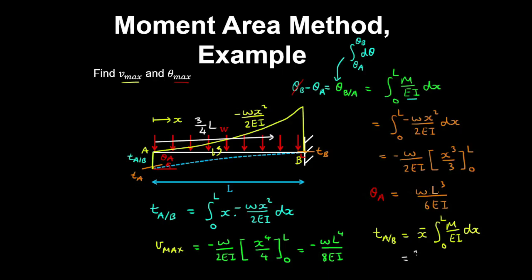So therefore we have 3/4 L, and that's multiplied by this integral, which we already evaluated, which was theta B relative to A of minus wL cubed on 6EI. So doing the algebra will give you the same result.